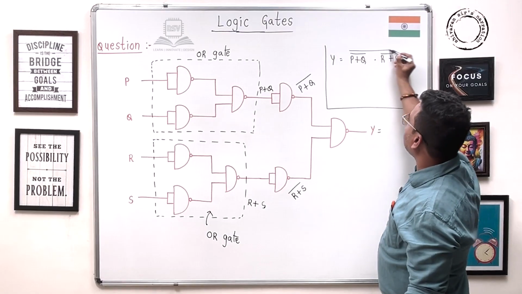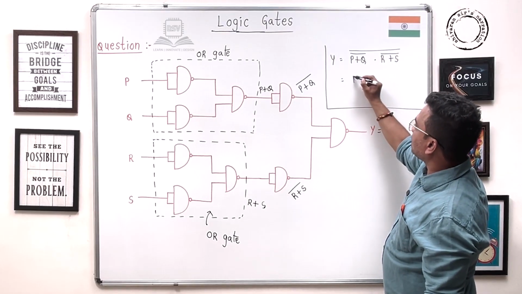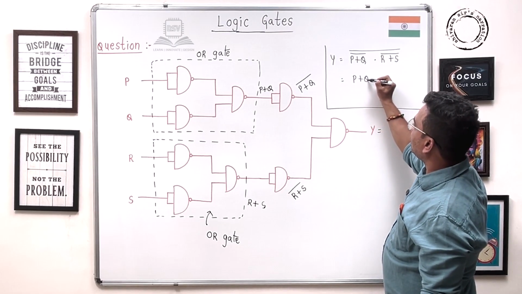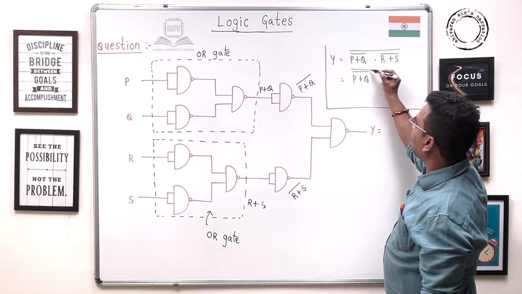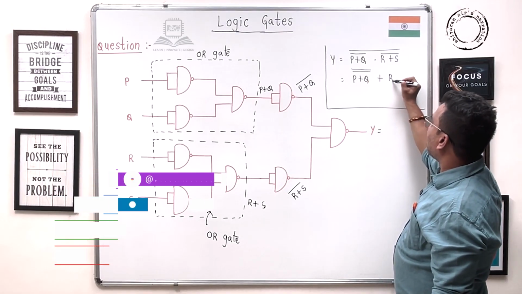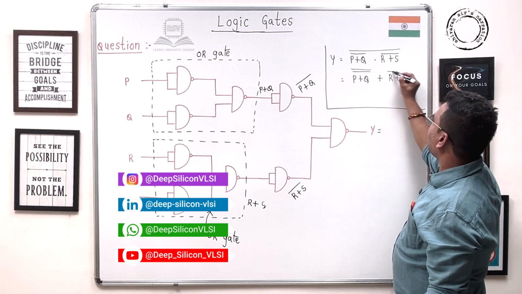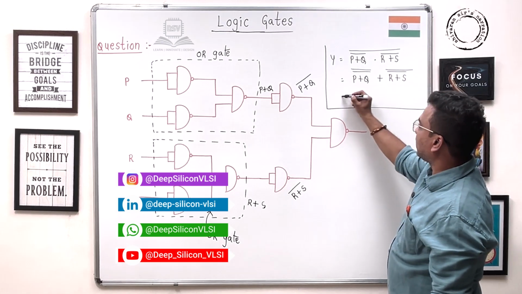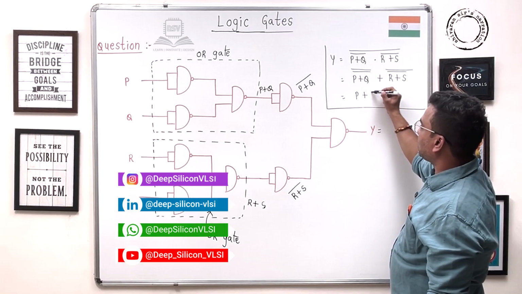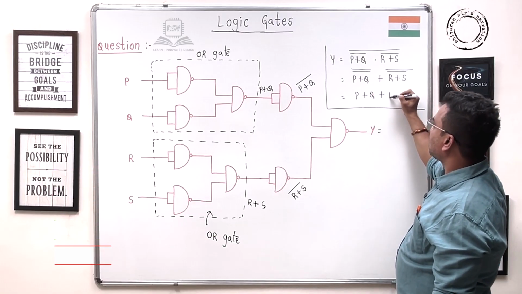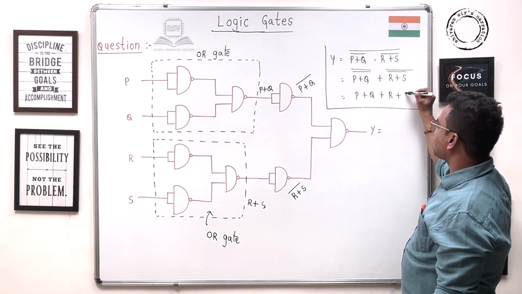Again whole bar. Then it could be like P plus Q bar whole bar plus R plus S bar whole bar. Then it can be written as P plus Q plus R plus S.